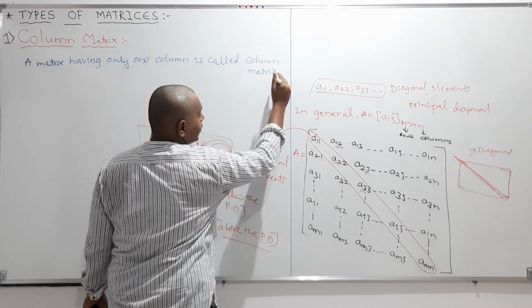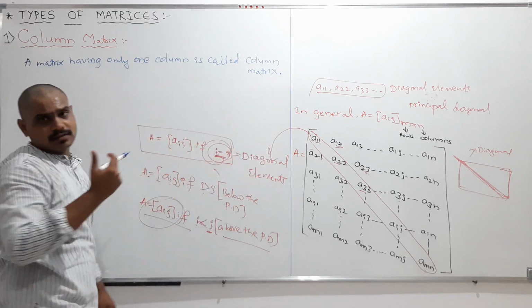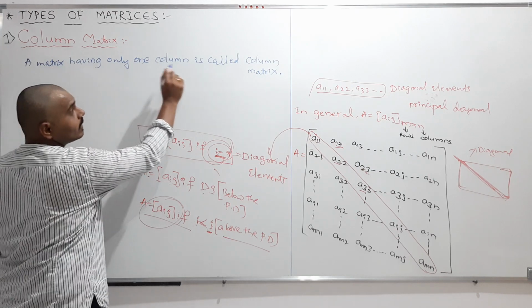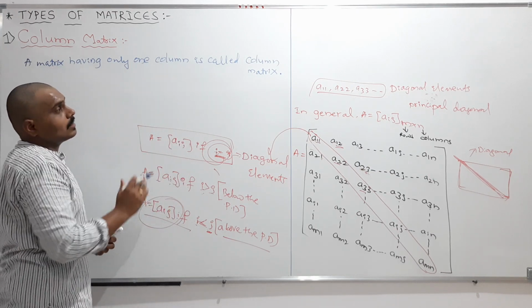Is it, my dear students? So the definition is very simple. What is that? A matrix having only one column is called a column matrix.